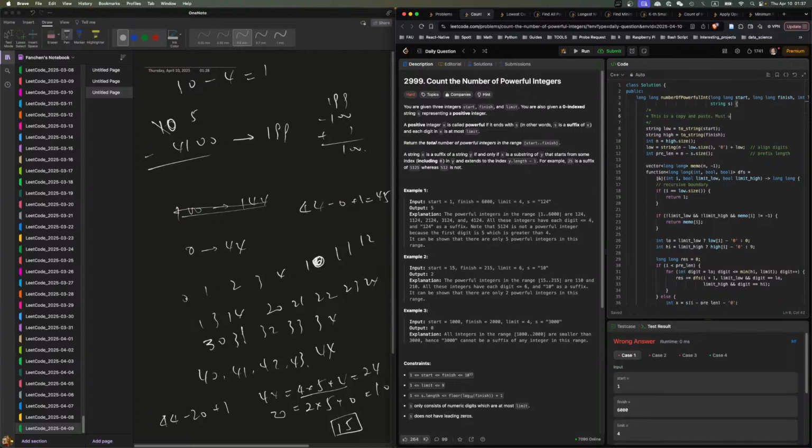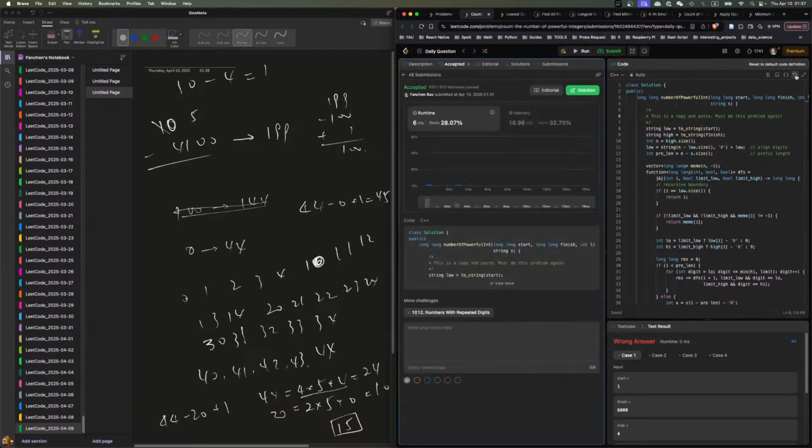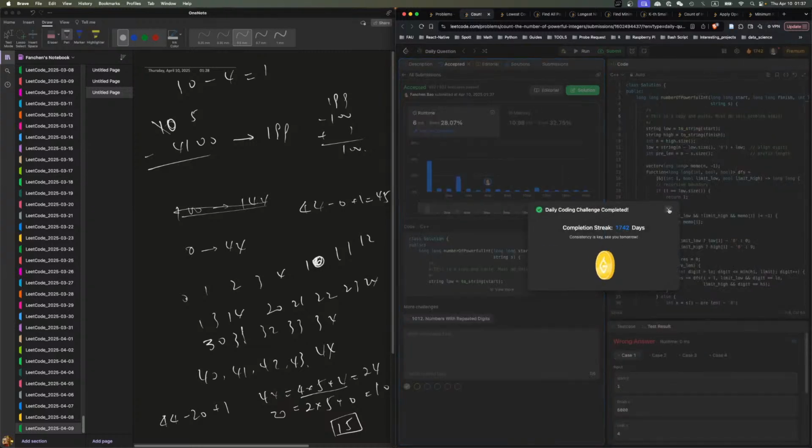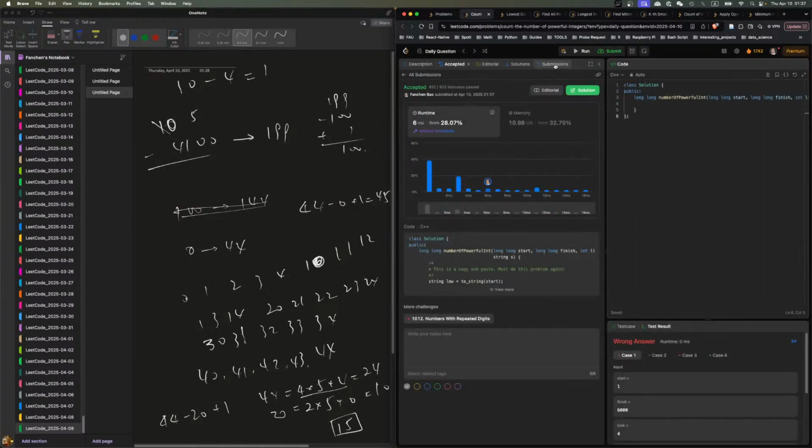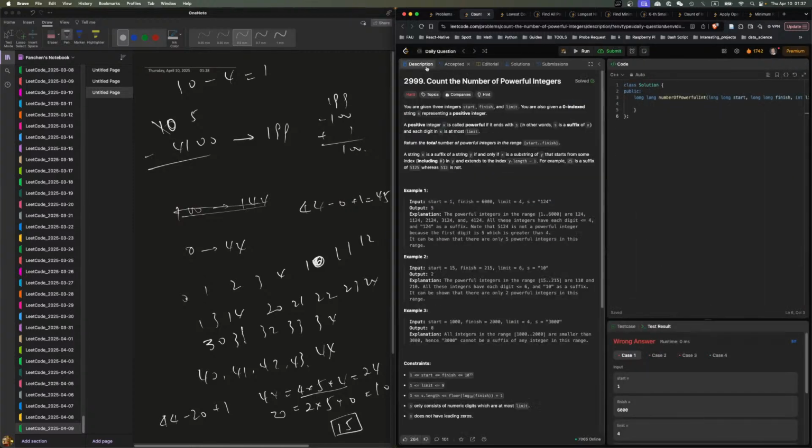Must do this problem again. Alright, so let's submit it. And then we will reset this so I don't see it. And then we'll pretend it hasn't happened.